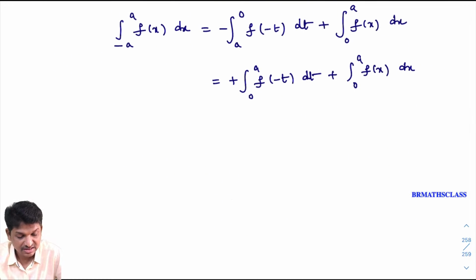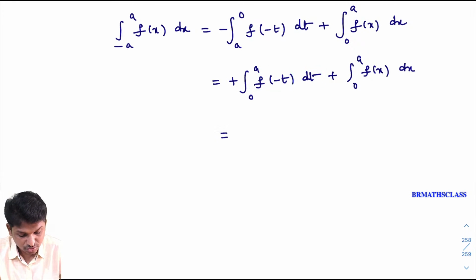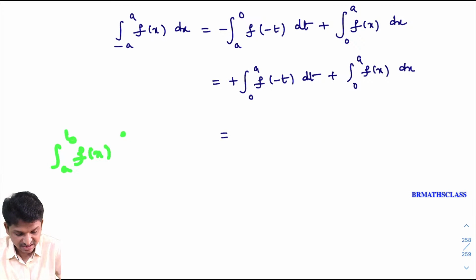You observe here, this function is in terms of t, and we are integrating with respect to t. This is definite integration, so here t is a dummy variable. You know this property: integral of a to b f of x dx is the same as integral of a to b f of t dt.